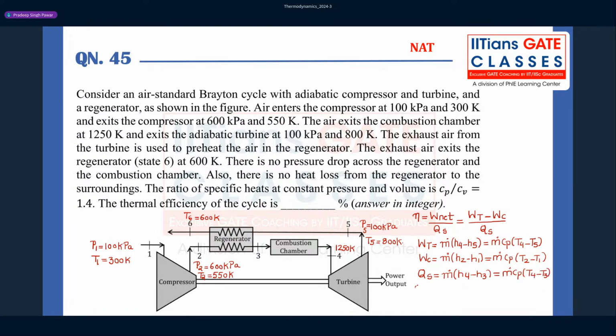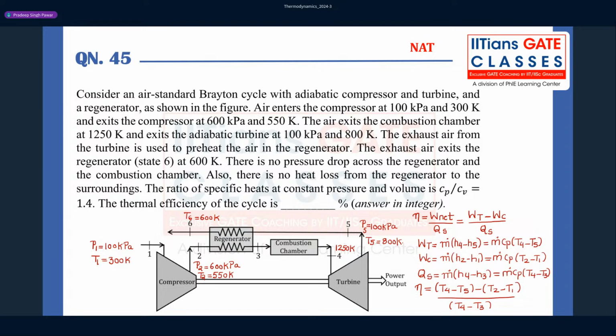So the efficiency will be the ratio of these: (T4 minus T5) minus (T2 minus T1), upon (T4 minus T3). We need to find these temperatures in order to compute the efficiency.